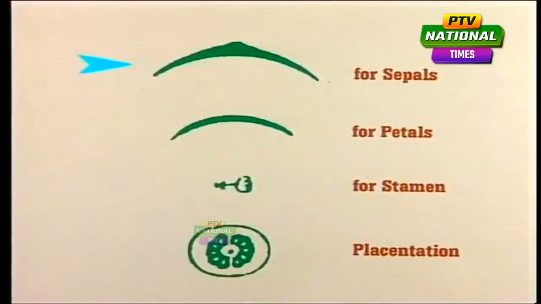Now, the features, as well as the general arrangement and structure of the floral parts, are depicted with the help of a floral diagram. We shall ask Daraksha to please illustrate the floral diagram. Oh, surely, sir. Now, various shape signs and formulas used for the floral diagrams or the floral parts are this one for sepal, this one for petals, this one for stamen, and this one for placentation.